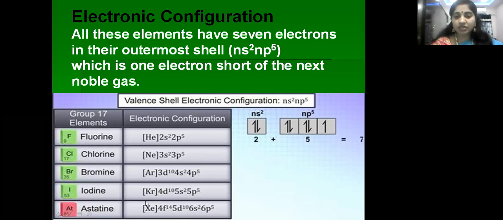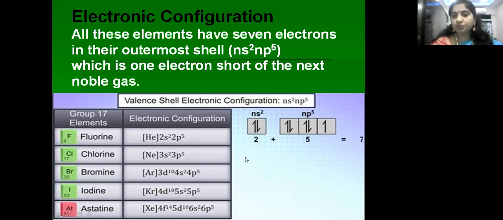In the inner shell, it is having helium configuration and extra 14 f electrons, so 4f14, 5d10, 6s2 6p5, right children? So what is the difference between iodine and astatine? Extra, in the anti-penultimate shell, 14 f electrons are present, right children?